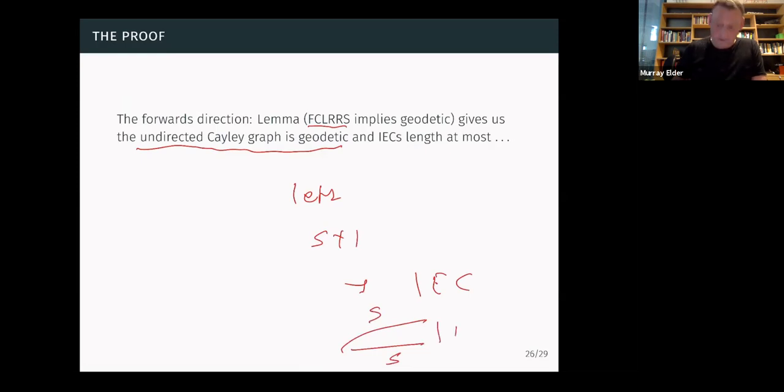So the answer to this quiz is 2S plus 1. What's important is that there's some bound. In general, if you've got the left-hand side S plus 1, then the isometrically embedded circuit has length at most 2S plus 1. It can't be longer than that.